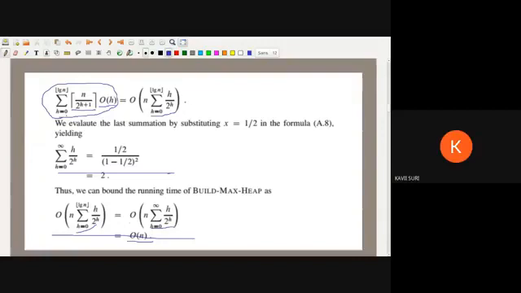Sir, can you please explain once more why it is big O of h? That is a little confusing to me. We have assumed height is h, and the cost of that h is big O of h. How is that big O of h? See, I'm taking x. Height is x. I don't know what x is.